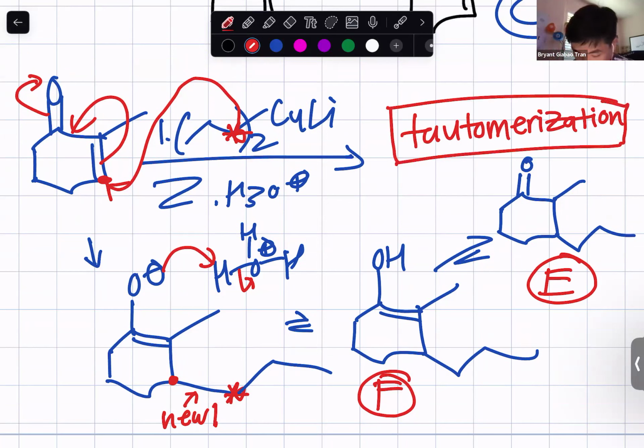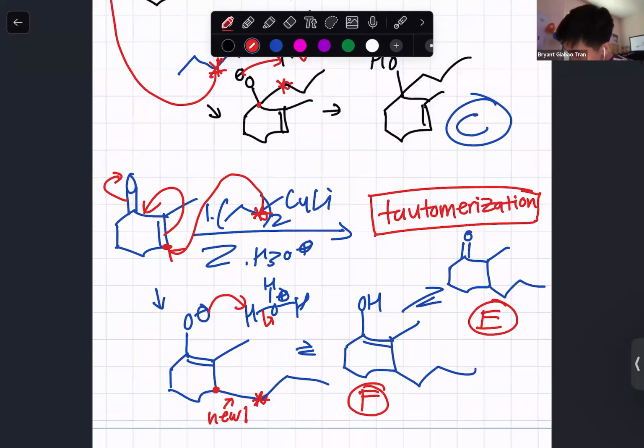The overall process is an example of a conjugate addition or 1,4 addition. 1,4 addition or conjugate addition. I think she would accept both ways.